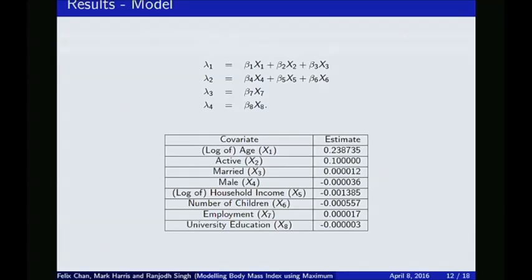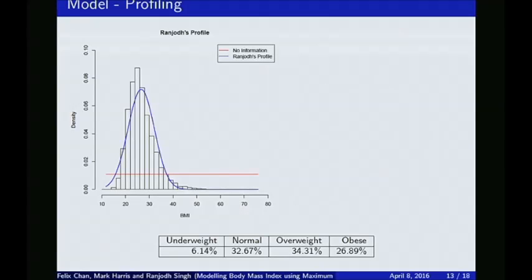He has 2 children, so it's very admirable that he's doing his PhD on low income with 2 children. For employment, he put down 1, even though technically I told him he should put down 0. He disagreed with me on that. And he definitely has a university education. So that's a rough profile, and that's the blue line that he has.